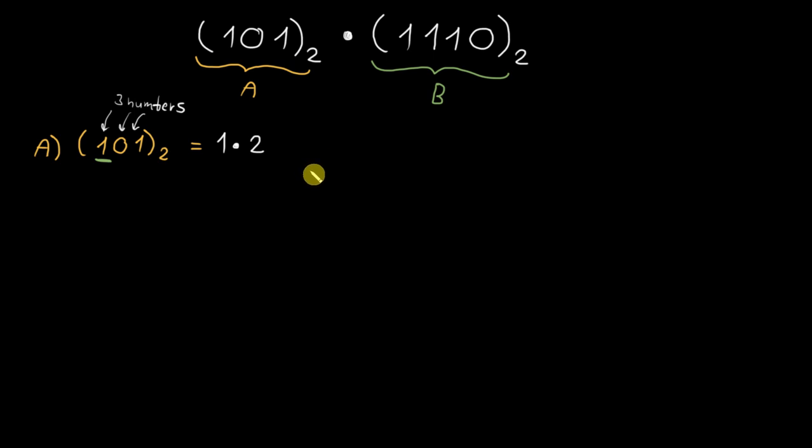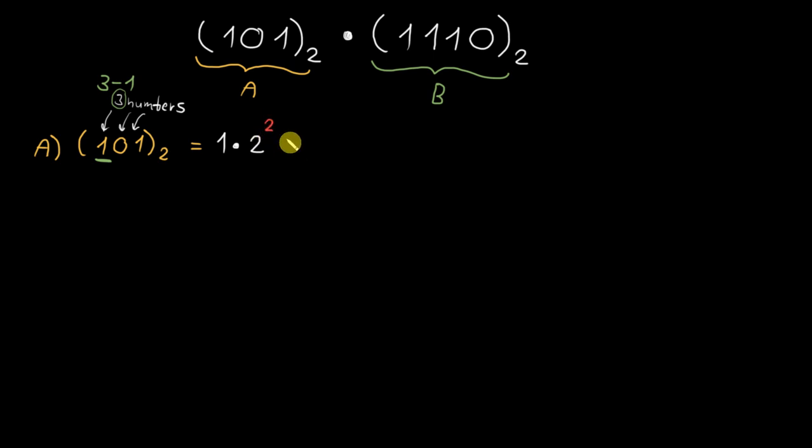And how do we know that it is the power of 2? A simple trick is that we go 3 minus 1. We take the total number of digits, minus 1, and we put the power of 2 right here.